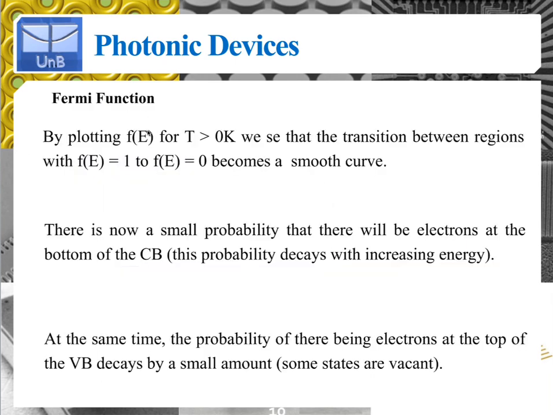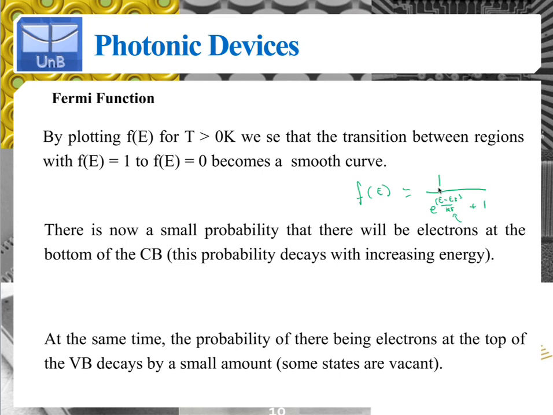So by plotting the Fermi function for any temperature higher than 0K, for example 300K or room temperature, we see that the transition between the regions where the probability of occupation is 1 or 100% and regions where the probability of occupation is 0 becomes a smooth curve. So if we just take the function itself and plug in any positive value, because you have positive temperatures, but different than 0 here, you get a smooth curve.